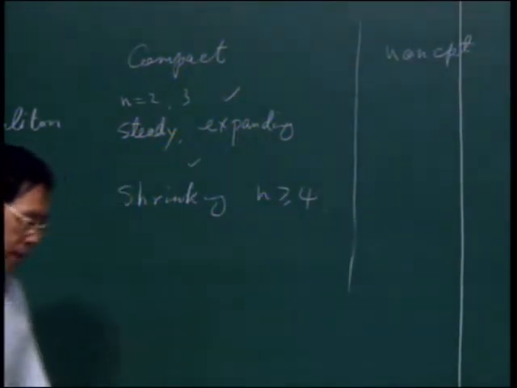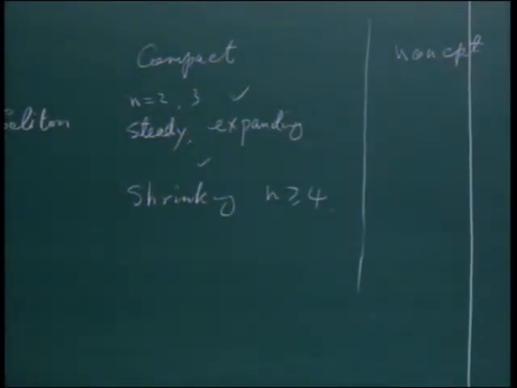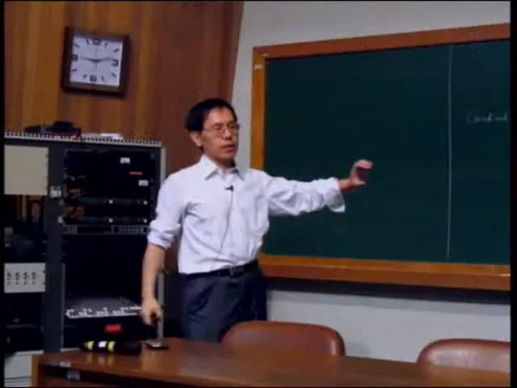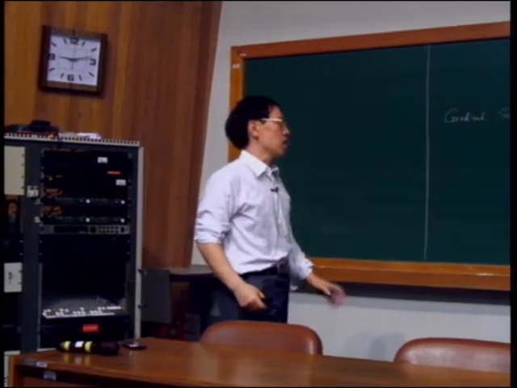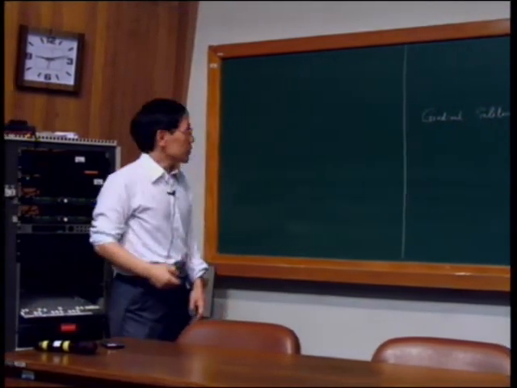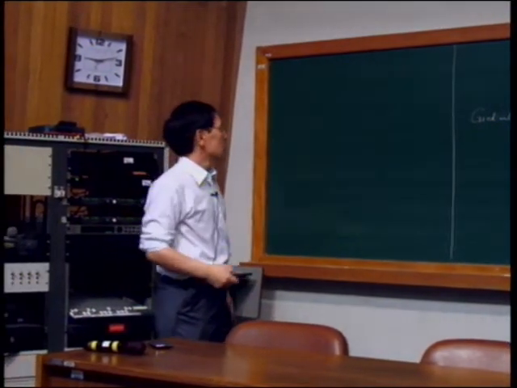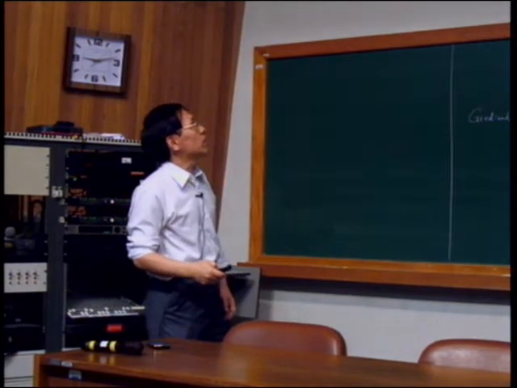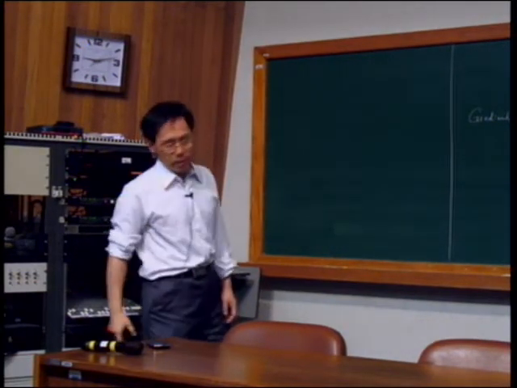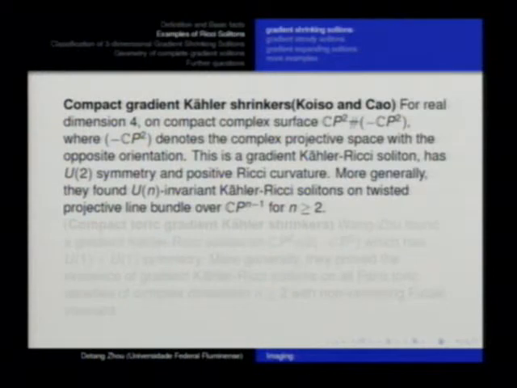Actually, the non-compact case is very important because it arises naturally in the Ricci flow. When you are dilating, the limit has to be compact or non-compact. So the first non-trivial example was found by Feldman, Ilmanen and Knopf on the complex surface.